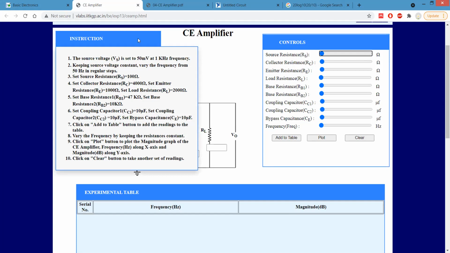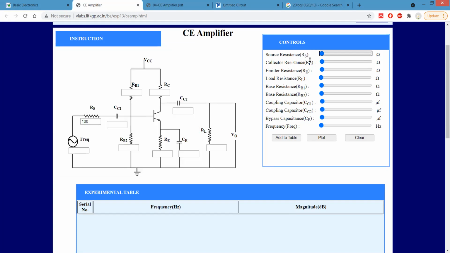The collector resistor is this one, which should be 4 kilo ohm, so we are keeping it at 4,000. And the emitter one is 1 kilo ohm.